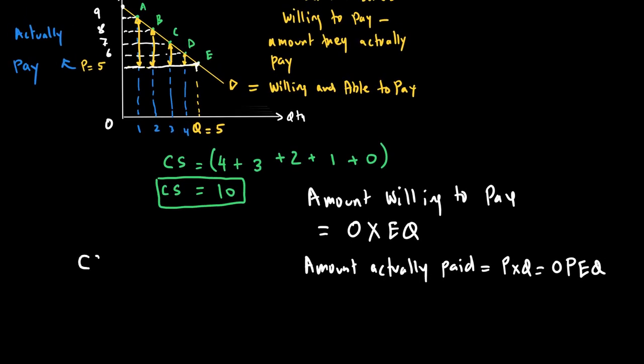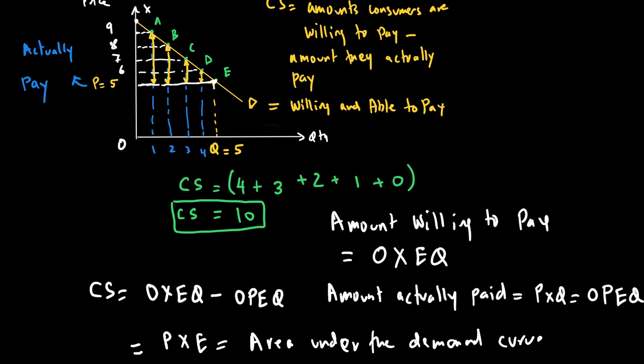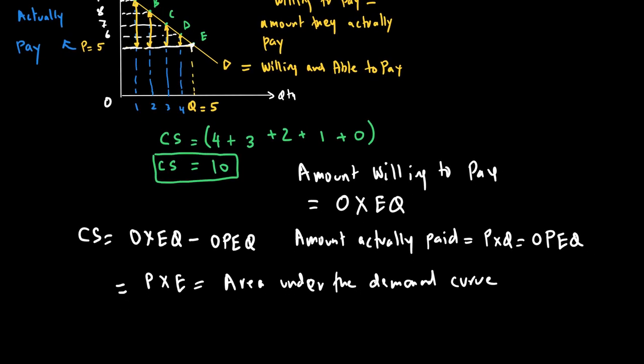My consumer surplus will now be OXEQ, what I'm willing to pay, minus OPEQ, which would mean my consumer surplus will be actually this area PXE, which is the area under the demand curve but above the market price.